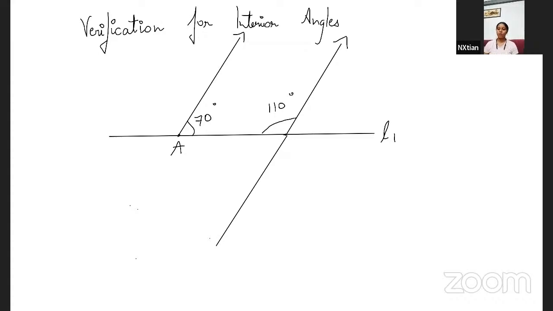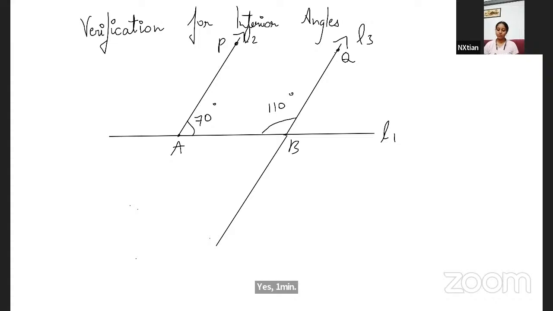Now, we will name this line as L2, this line as L3, and this point as P. You erase the B. Yes, one minute. Okay.